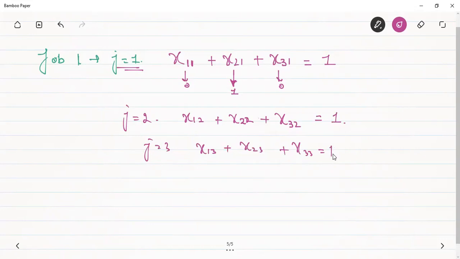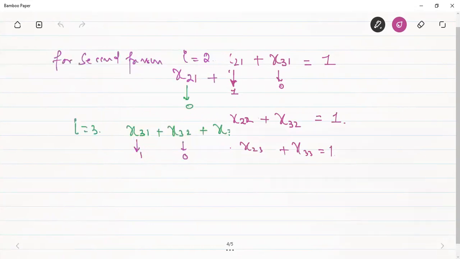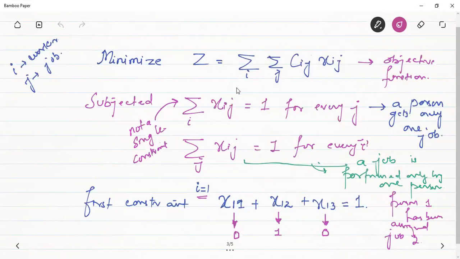So we have defined the assignment problem as: minimize z equal to summation over i, summation over j of cij into xij, subject to these constraints: summation of xij is equal to 1 for every j, and summation of xij is equal to 1 for every i.